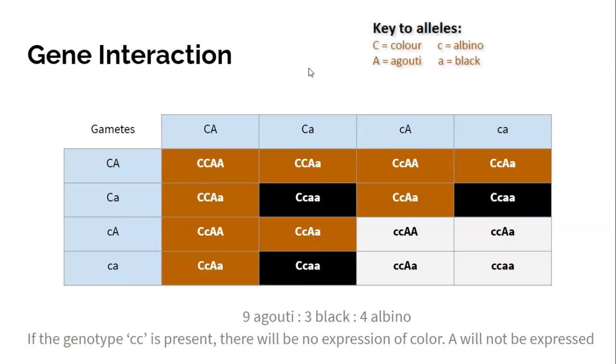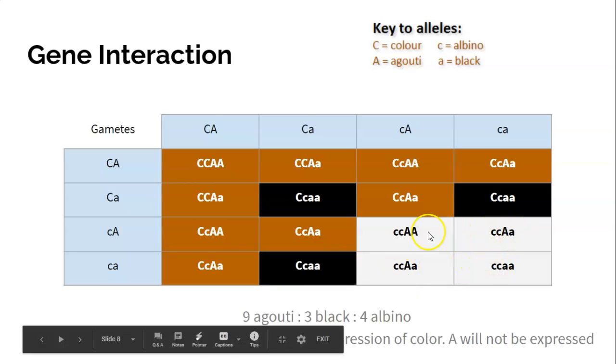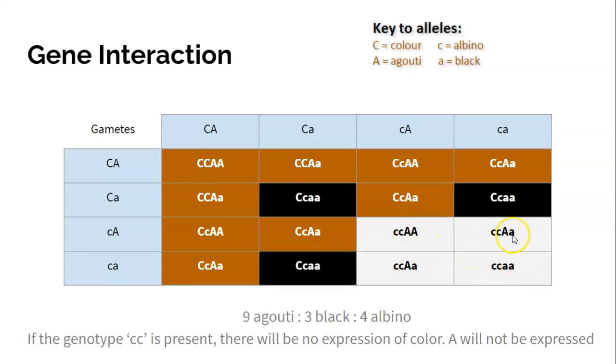So again, if the C's are homozygous recessive, it literally doesn't matter what anything else is in this genotype because the C's override everything and it's going to make the guinea pigs albino regardless of what the A is because color cannot be expressed. For the rest of them, as you can see, there's at least one capital C, which means color can be expressed, and then you look at the A's to determine what color is being expressed.